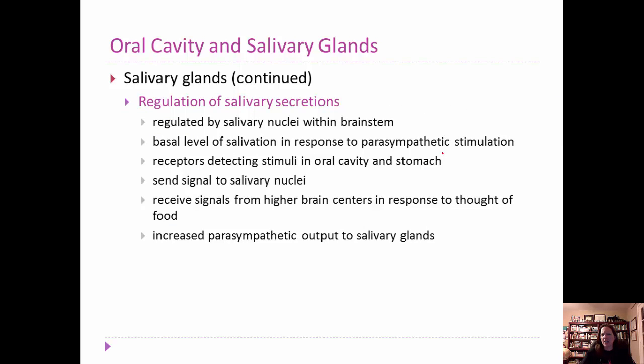There are other things that can stimulate our salivary glands, like vomiting. If you've ever noticed what happens right before you vomit, your mouth just fills with saliva. It's protecting your mouth for what you're about to vomit up, because it's going to be a lot of stomach contents, which is very acidic.